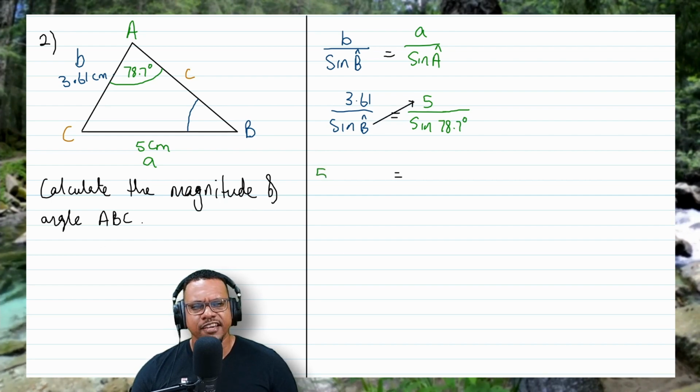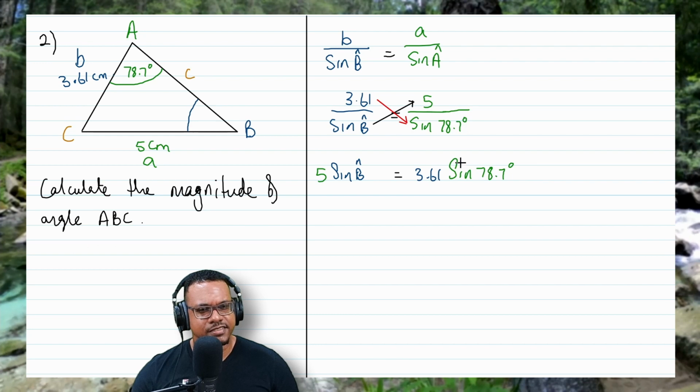So that'll give us 5 times sine angle B. And then we multiply this 3.61 by sine 78.7. So we'll have 3.61 sine 78.7 degrees.